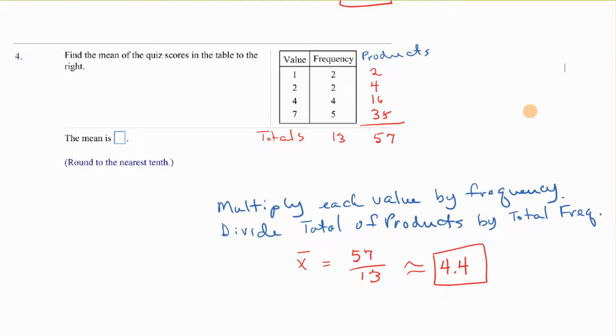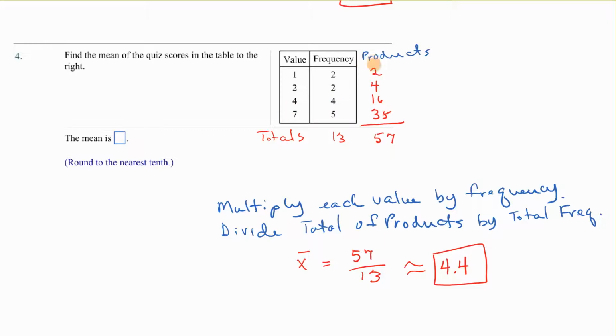Find the mean of the quiz scores in the table to the right. To find the mean when given this type of information, we need to find the products. We're going to multiply each value by the frequency. And so we get 2, 4, 16, 35.